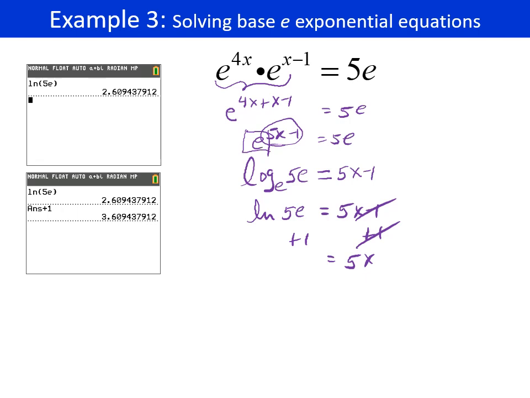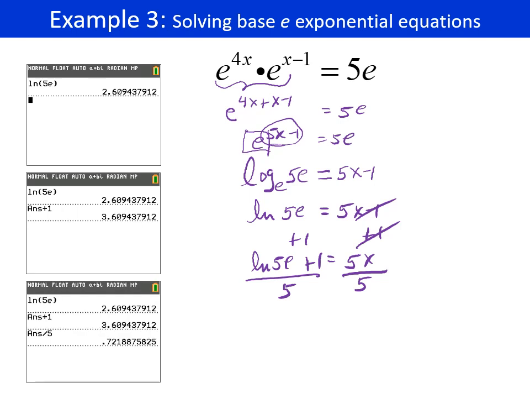I want to write it here as the ln of 5e plus 1. To finish solving, we need to divide that by 5. And again, on my calculator, I'm just going to push the divide key and 5. So there's our answer on the calculator.